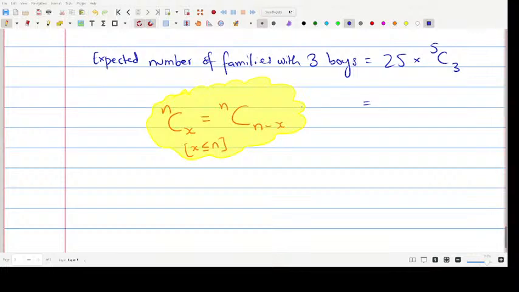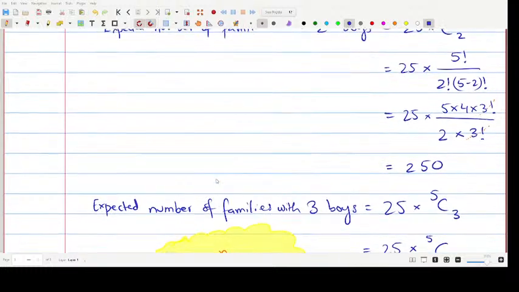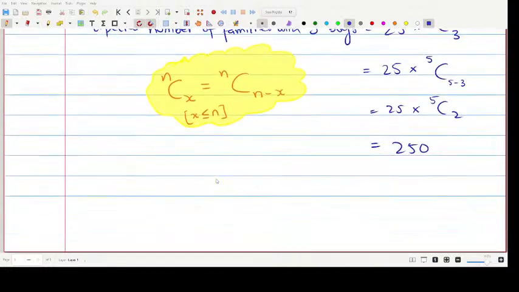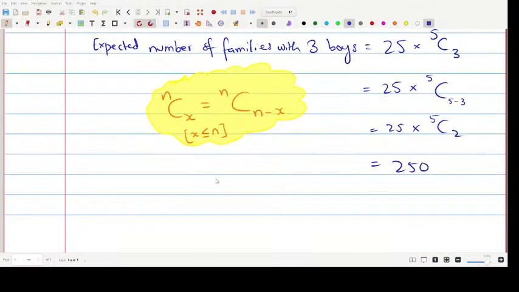You will find that 5C3 is basically 5C(5 minus 3). That is 25 multiplied by 5C2, and that's exactly 250, as you had found out a little while back. So thank me for making life easier for you. The same calculation is not being repeated by you anymore.